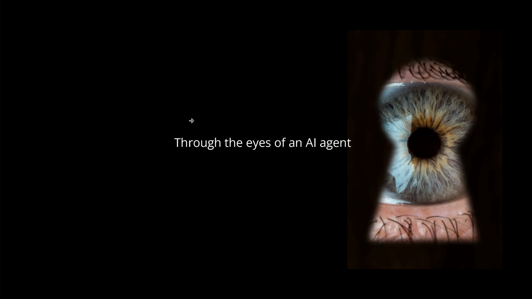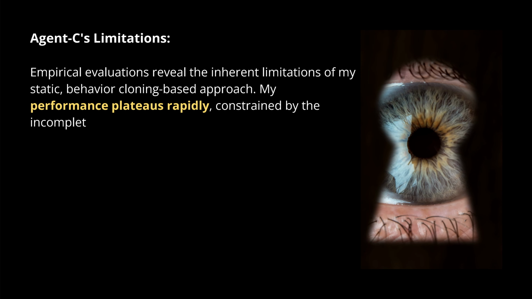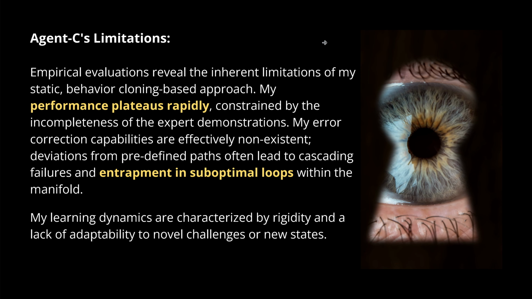Let's change the perspective. If you're new to this and you say, hey, wow, can we go back a little bit more simple? Well, of course. So through the eyes of an AI agent, let's have a look at our little yin-yang Agent C's limitations. Agent C has a problem. The performance plateaus rapidly, and it is constrained by the incompleteness of the expert demonstration that it learned.